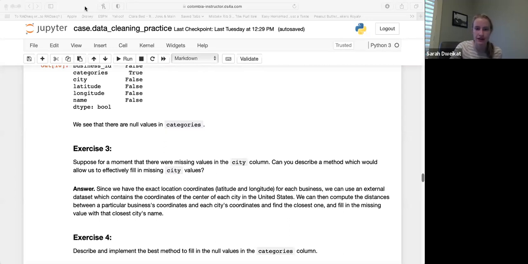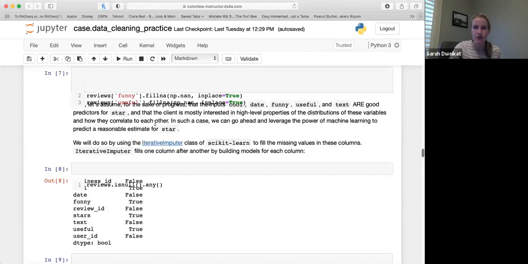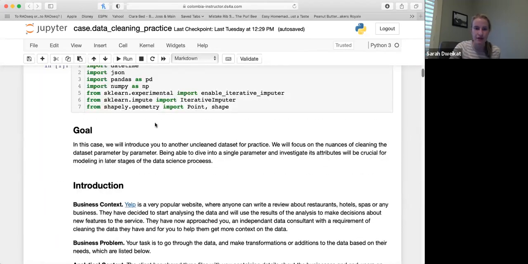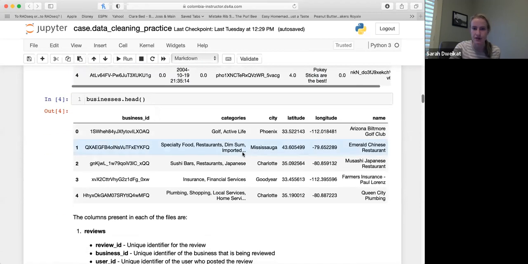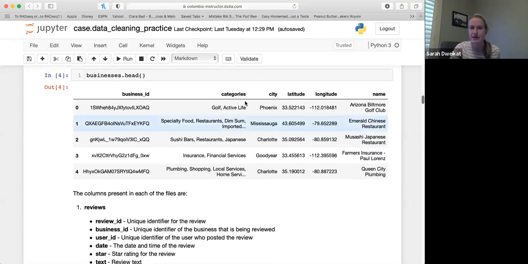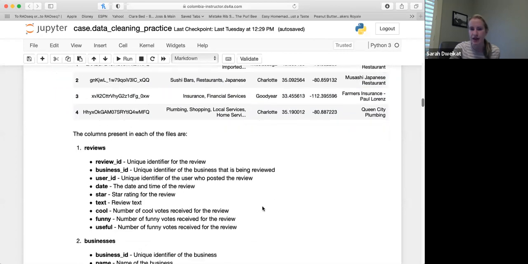And yeah, while you're thinking about exercise 4, we can go back up here. I loaded it up at the top here because that's a good question. Someone wanted to know. So this is what our business's data set looks like. So we have the name of the business, and this is what categories looks like. Just as a refresher for what this data set is, and we have the business ID as well. So we're thinking about how we could fill in missing data for categories.